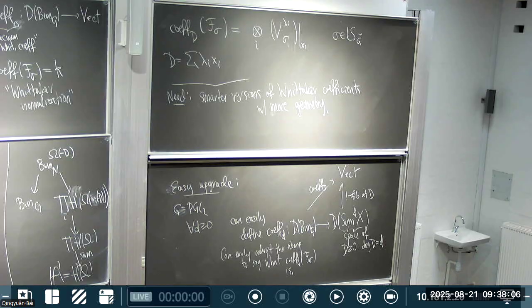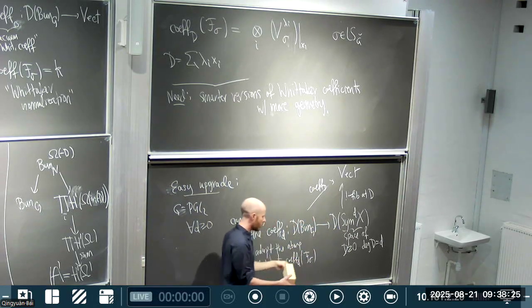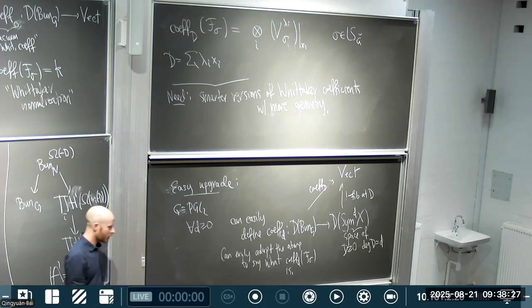If you haven't, maybe just believe me about that. Basically there's this very easy thing that you can do, which is to adapt the whole story to allow you to vary the divisor within a family, of course fixing the degree of the divisor. But I think that makes sense.